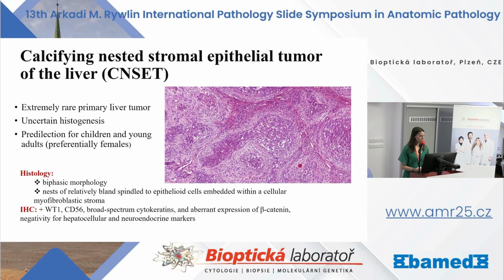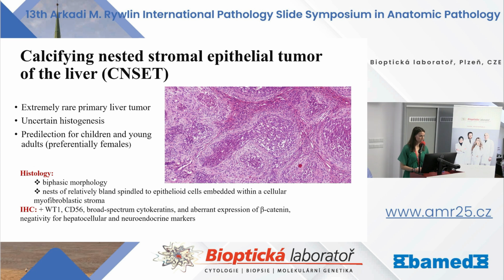Also, from the histological point of view, our case was quite characteristic, revealing biphasic morphology. It was composed of spindle to epithelioid tumor cells embedded in cellular, variably prominent myofibroblastic stroma.